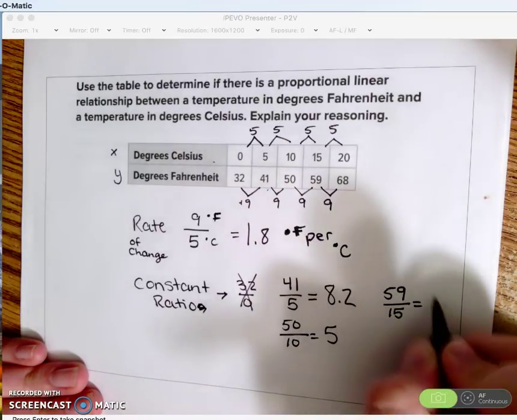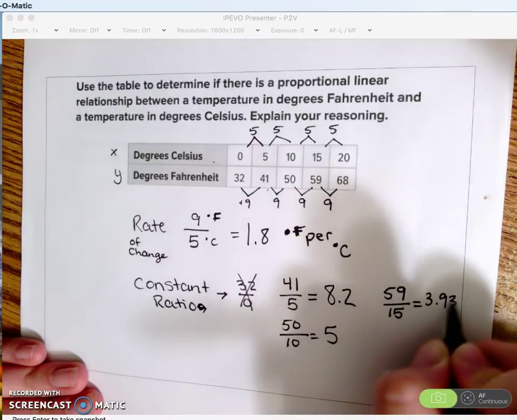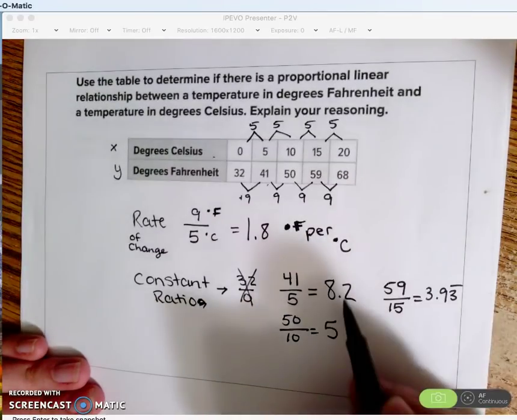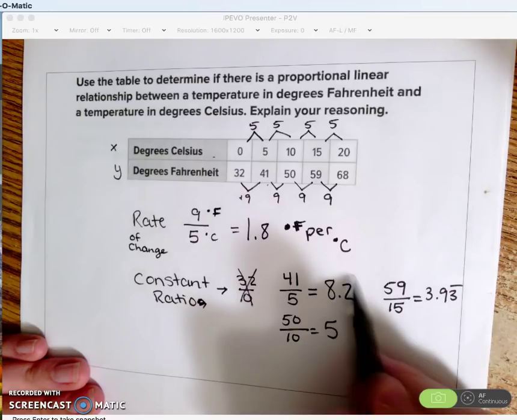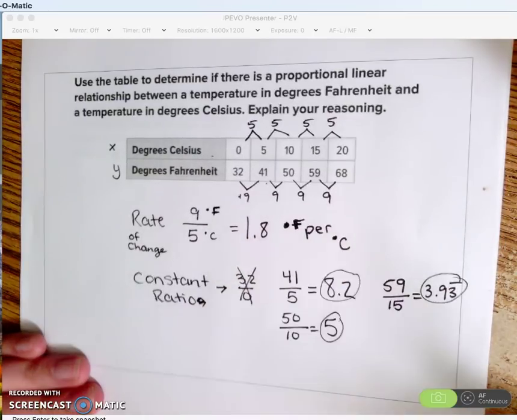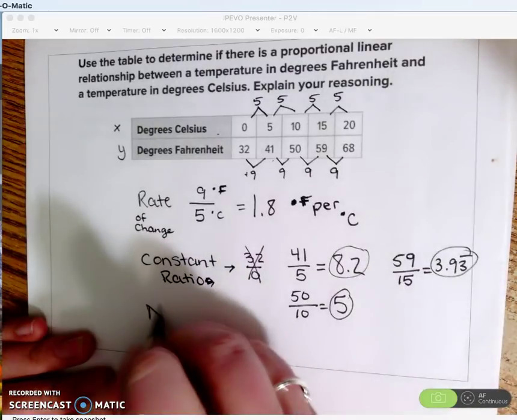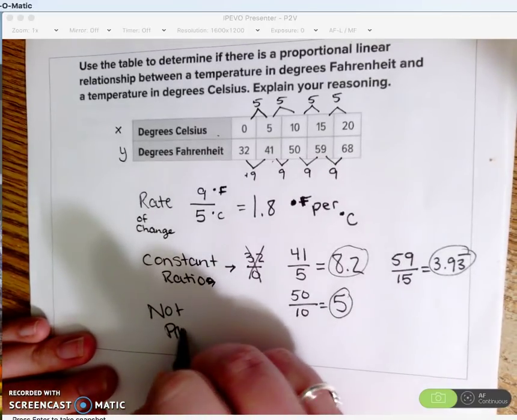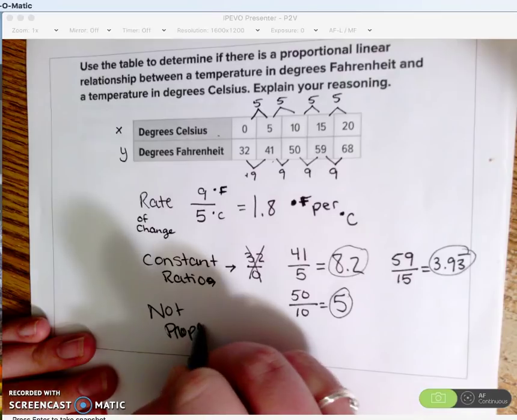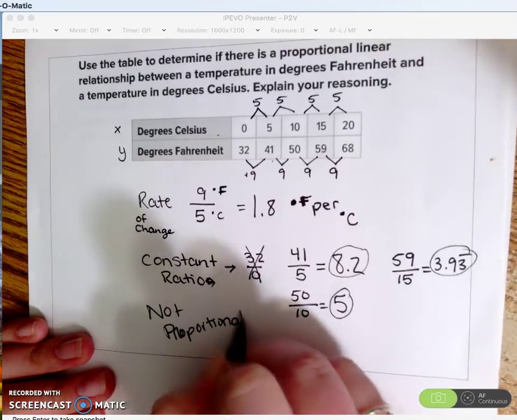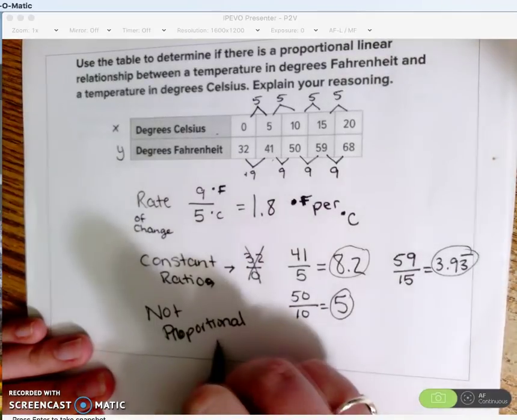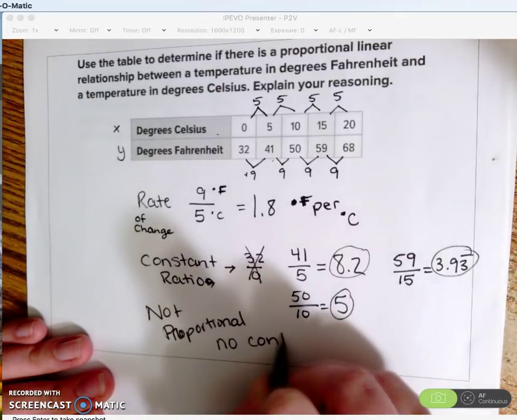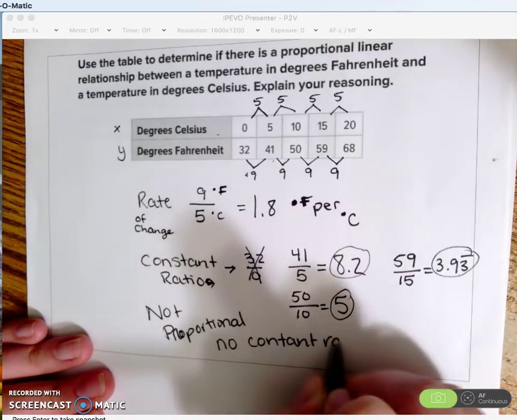Reduces down to 3.93 repeated. So already I know that these are not all the same, so it is not proportional, because there's no constant ratio.